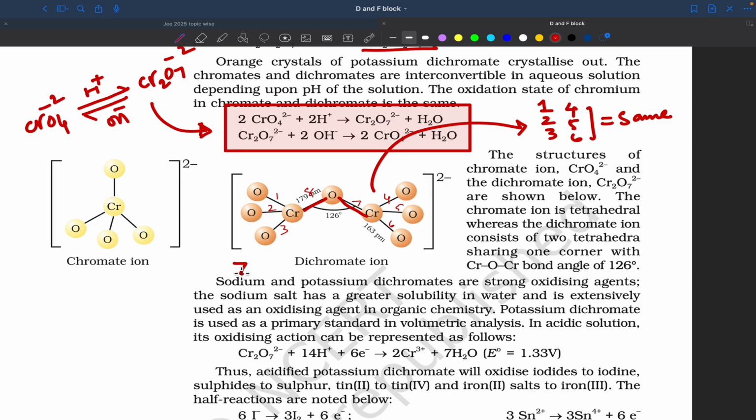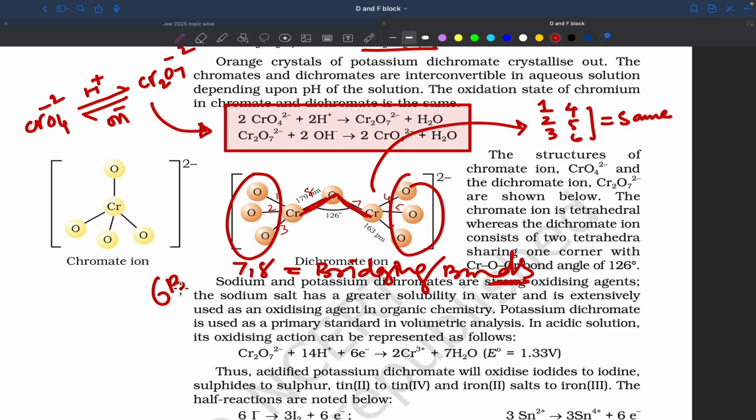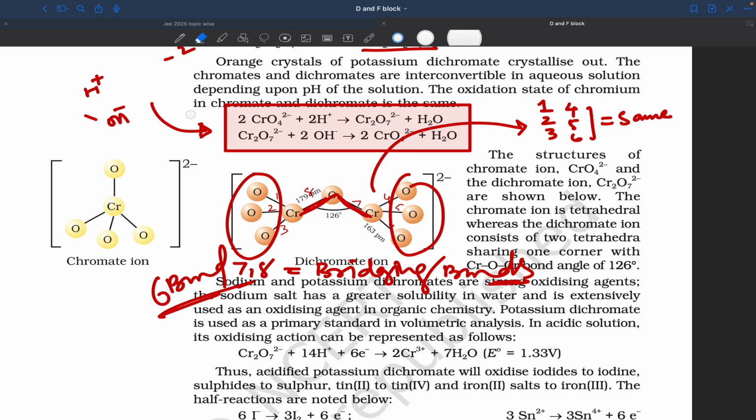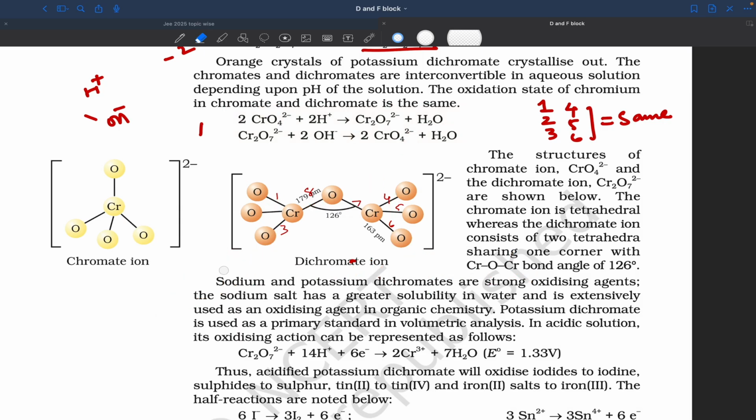Whereas 7 and 8 are bridging bonds, because two chromiums are connected through this one. So these 3 plus 3, total 6 bonds are in resonance with each other. Right? So this is the structure of it.